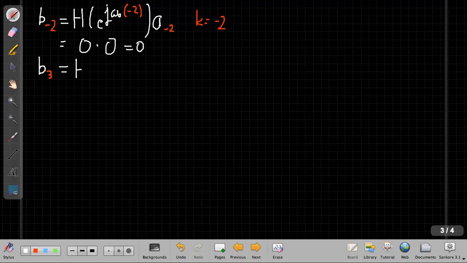And I'll get h of e to the j omega naught times 3. So 3 omega naught is the value of the exponent scaled by the j. So that's where we want to go look at the frequency axis, times a sub 3. Right, so this is my k equals 3 term.